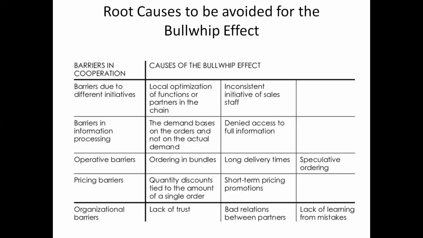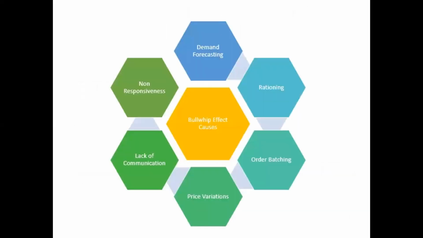So that is where the trust factor comes in, trust deficit. So in a nutshell here, the bullwhip effect is caused by demand forecasting, rationing, order batching, price variation, lack of communication, and non-responsiveness. So if you work against that, resolving these issues, then you can overcome this effect.